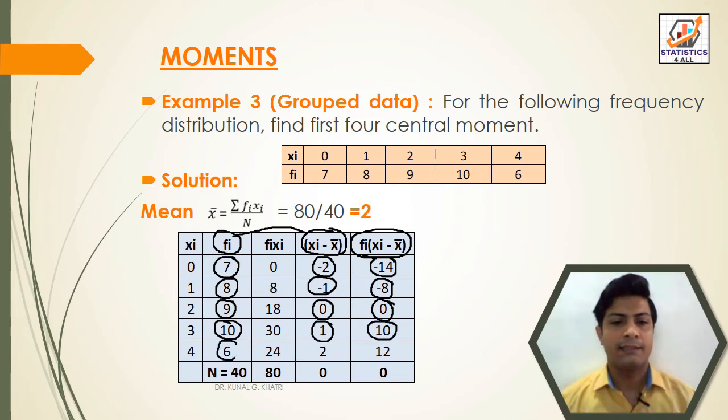Then 6 into 2 is equal to 12. After multiplying, we'll take the sum of fi into xi minus x bar, we get the value 0.